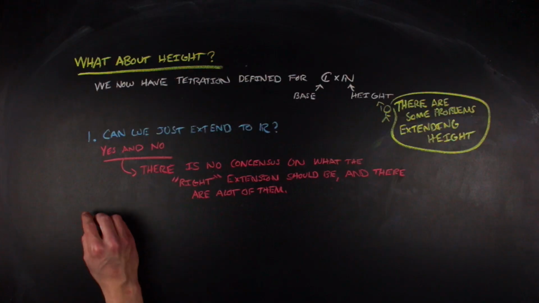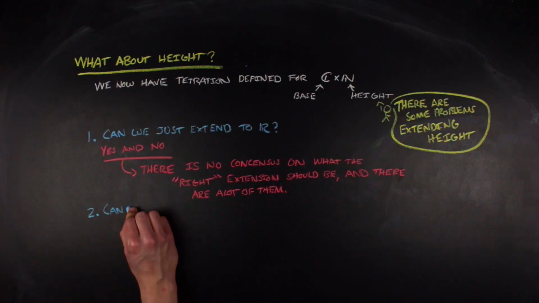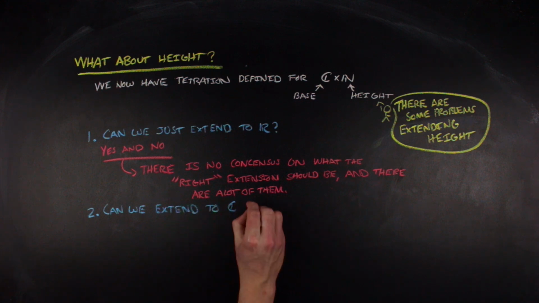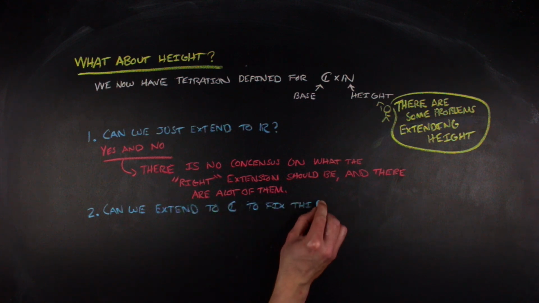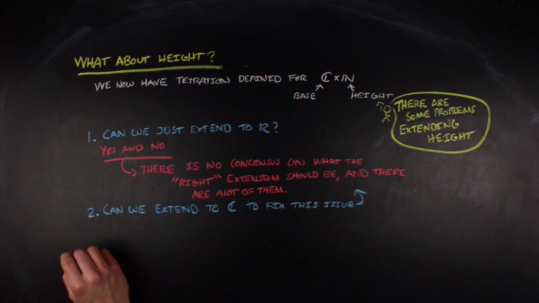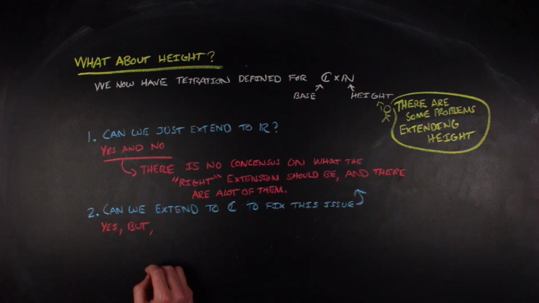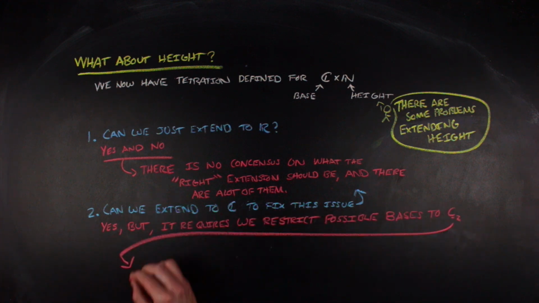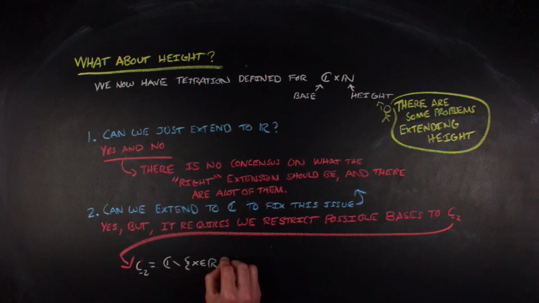The other question you might have is that, in the case of the base, we just went straight from positive real numbers to complex numbers. Is there a way that we can skip over extending to the real numbers completely and go straight to complex numbers? The answer is that we can extend to the complex numbers. We just have to mess with a little bit of the stuff that we did before.